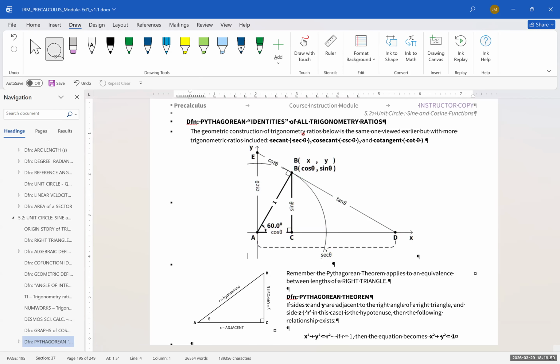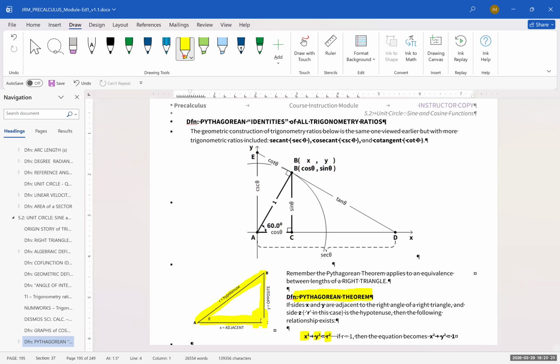So let's take a step back really quick and look at what the Pythagorean theorem is. If you take the two sides adjacent to the right angle and you square them and you sum them, that will be equal to the square of the hypotenuse.